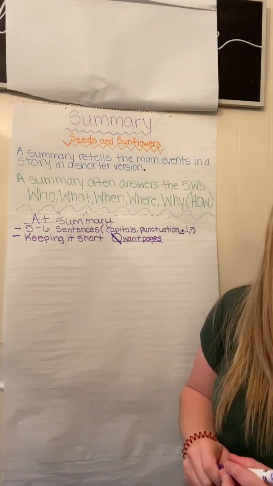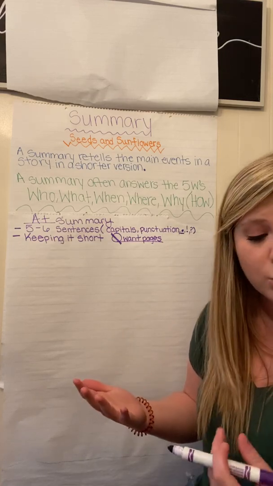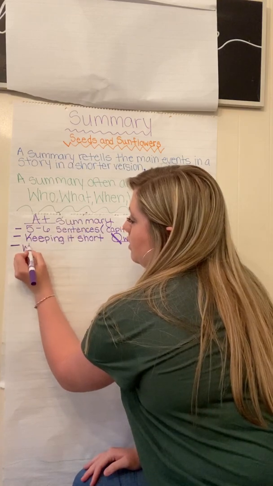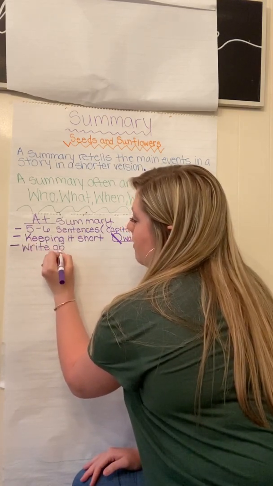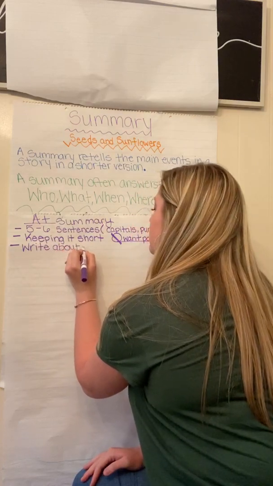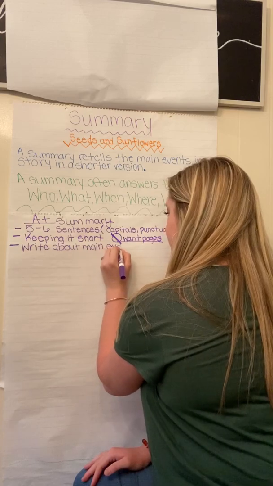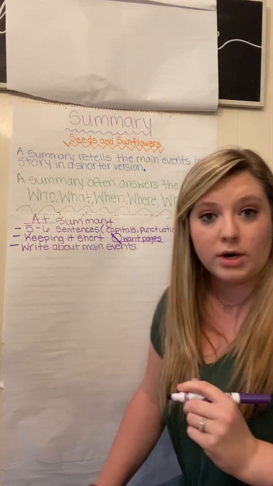The next thing that you need to make sure that your summary is an awesome one, which we just talked about, is writing about the main events. So you only write about the main events. Okay, the most important things.